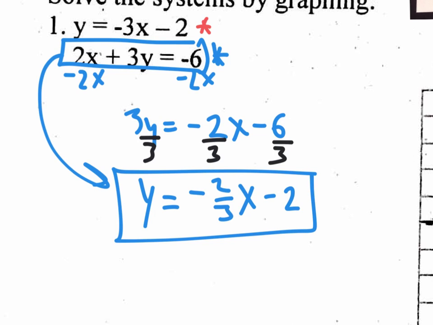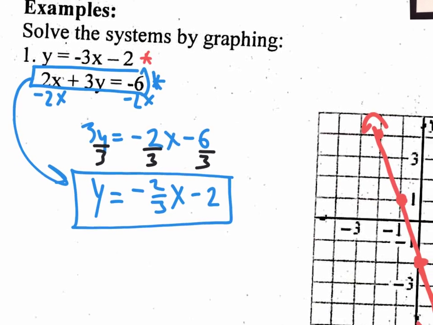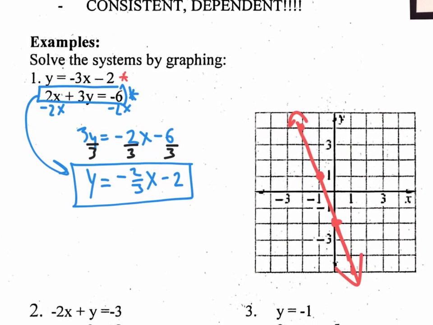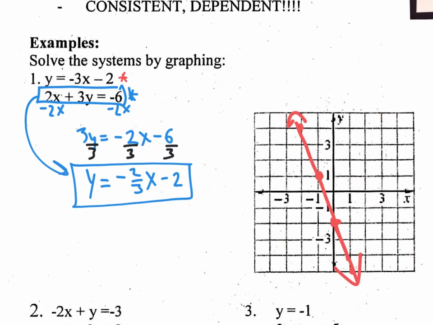Now what I'm going to do is I'm going to graph this guy. Where do I graph it? Well, it crosses at -2. So we already know that it's going to cross at -2 at that same exact value. So I'm going to put a blue dot right there. Now from that point, what do I do? I go down 2 over 3 based off of my slope.